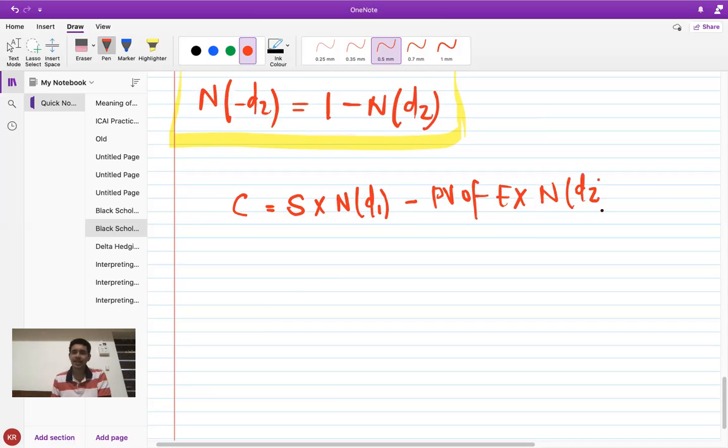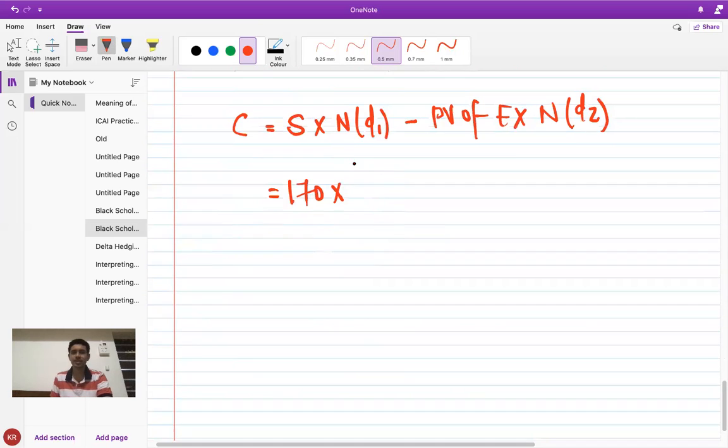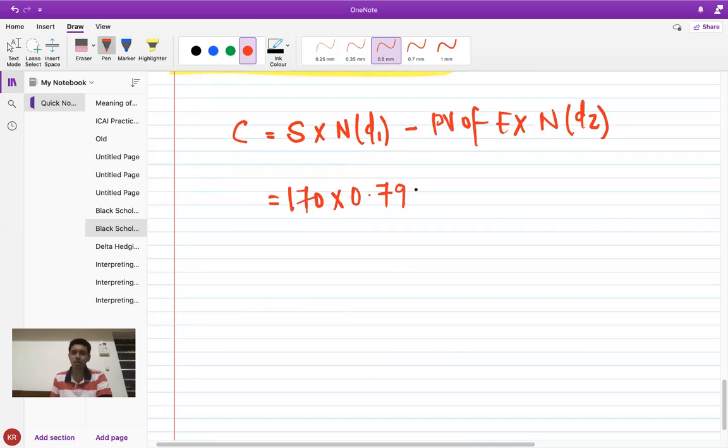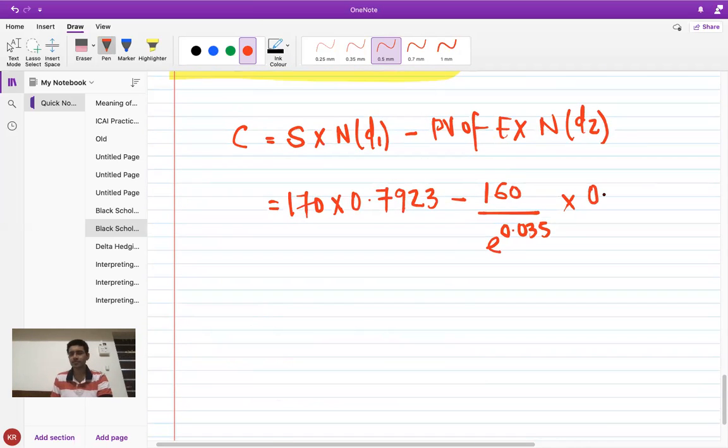S is 170 into N(d1), which we calculated above as 0.7923, minus the present value of exercise price, 160 divided by e power 0.035, into N(d2), which is 0.7541.